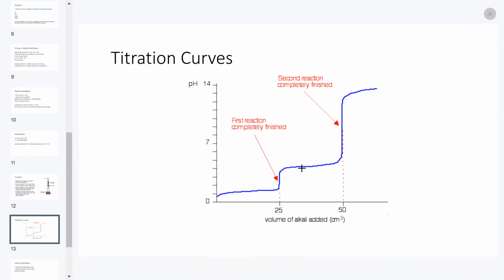And then the pH will continue to change. Then we have the second equivalence point, a very sharp change in pH, followed by the reaction being complete, and we're just adding extra hydroxide, which increases the pH more and more, albeit very slowly. So yeah, this is titration curves.